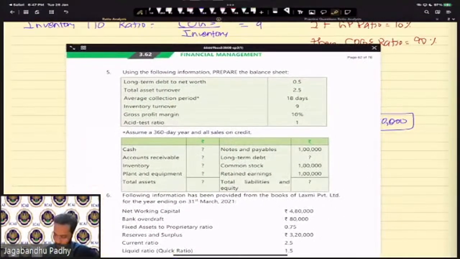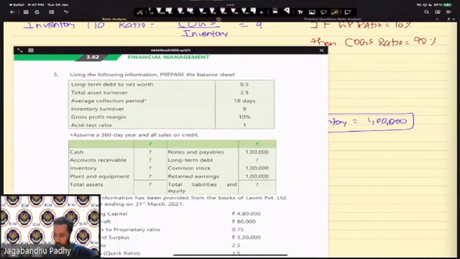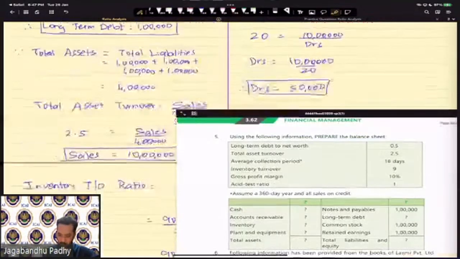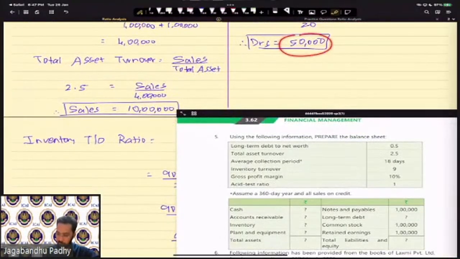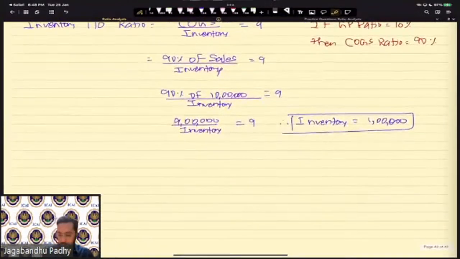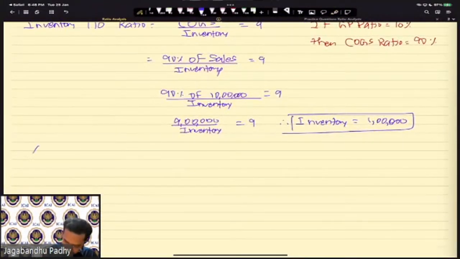Remember, we have got the long-term debt, we have got the inventory value also, 1 lakh. We know what total asset is. We know what the amount of debtors is. So we just need the cash and the plant and equipment. For that we will take the help of the acid test ratio.